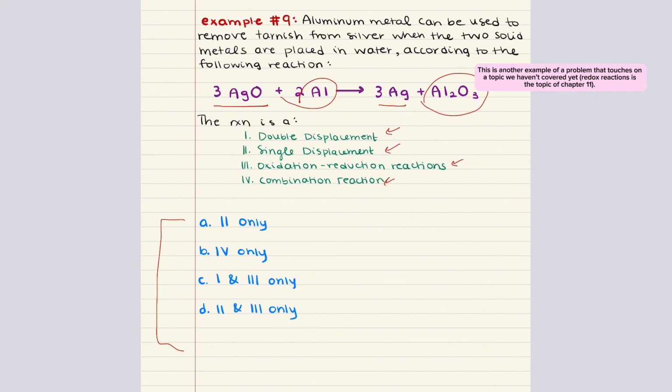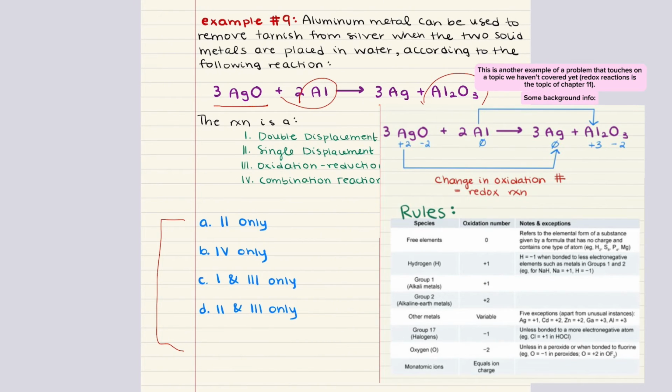Okay, in this reaction, there is a single displacement with the silver in silver oxide being replaced by the aluminum to form aluminum oxide. This single displacement reaction also necessitates a transfer of electrons in an oxidation reduction reaction.